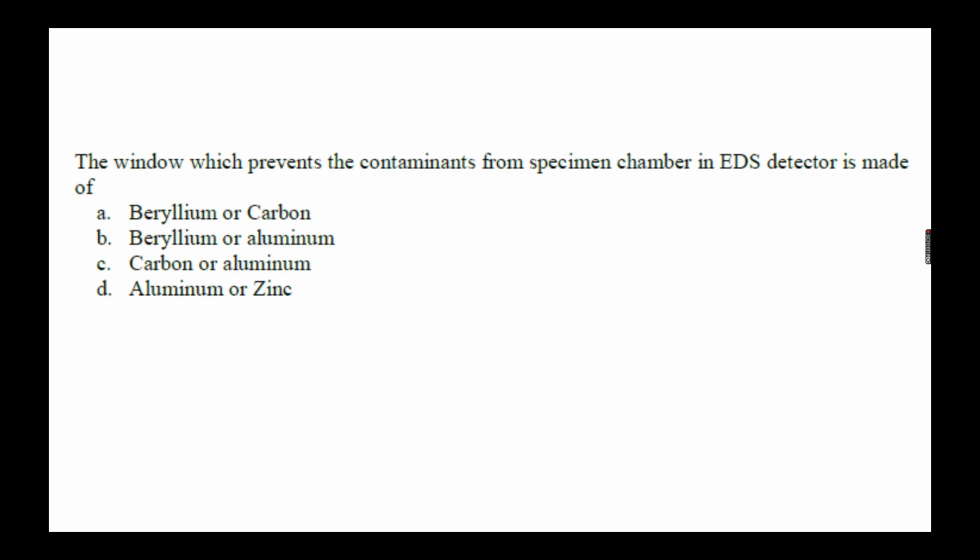That will give not very good results in detection. So that's why we don't want contaminants in that detector. So what could that material be? Beryllium or carbon, beryllium or aluminium, carbon or aluminium, and the last is aluminium or zinc. So what could it be according to you?